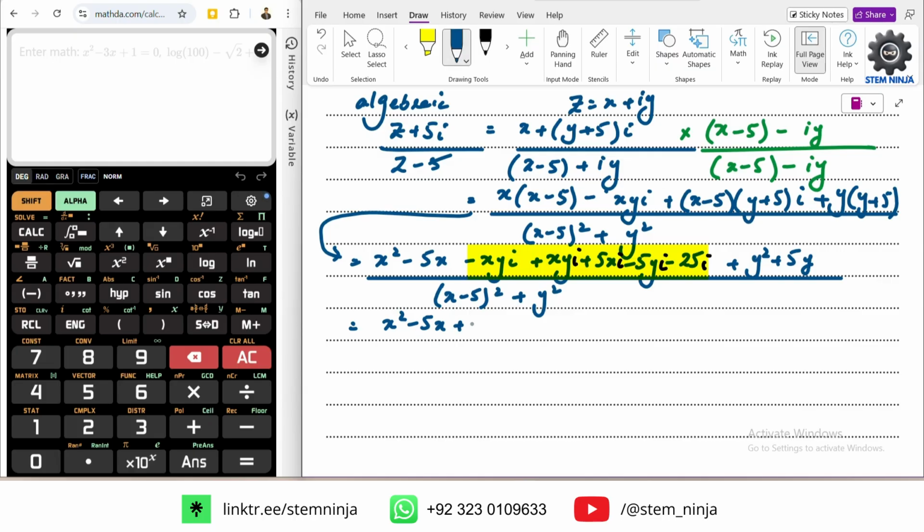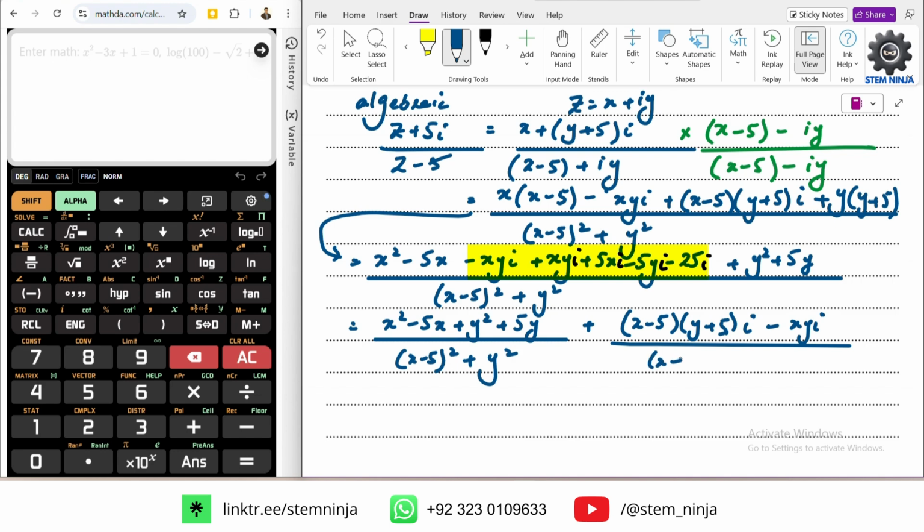So this plus y squared plus 5y divided by x minus 5 whole squared plus y squared plus this. Actually, I think we could have just kept it this way also: x minus 5 y plus 5 i minus xy i, divided by x minus 5 squared plus y squared.